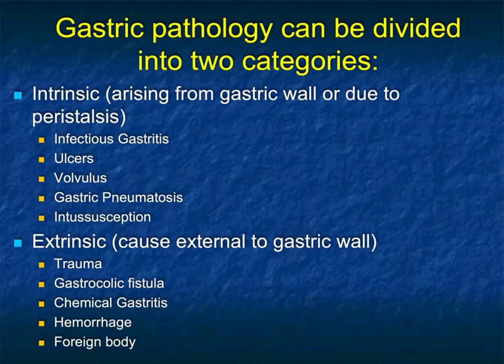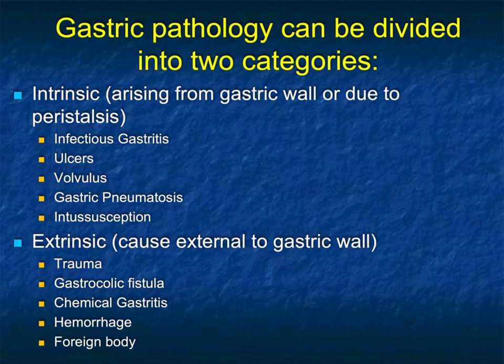Now, if you think about gastric pathology, you could probably categorize it into two different types, intrinsic and extrinsic. Intrinsic arising from the gastric wall or due to peristalsis. You're thinking about gastritis, ulcers, and again, we're thinking about benign, not malignant ulcers, though of course on CT you can't always be specific what is malignant or benign.